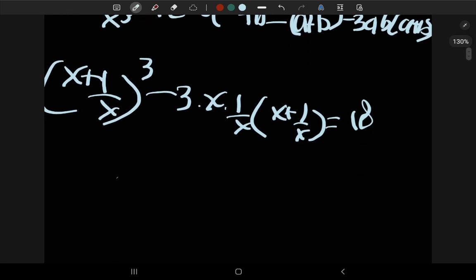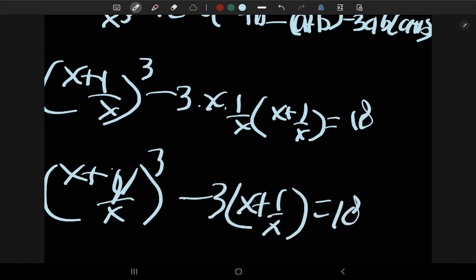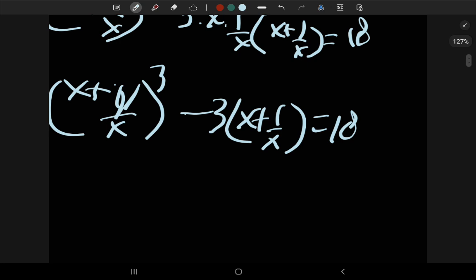So now we get that x plus 1 over x cubed minus 3 times x plus 1 over x is equal to 18. We can simply substitute x plus 1 over x equals y.